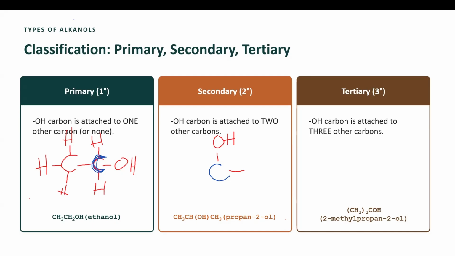Then this is bonded to another carbon here. Okay, this carbon has its hydrogens. This one is bonded to one hydrogen. Then it is bonded to another carbon here, as you can see.